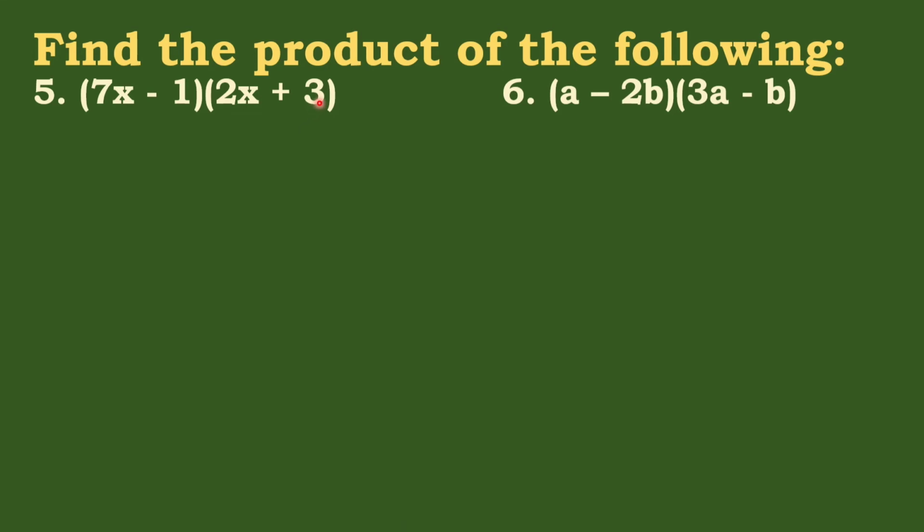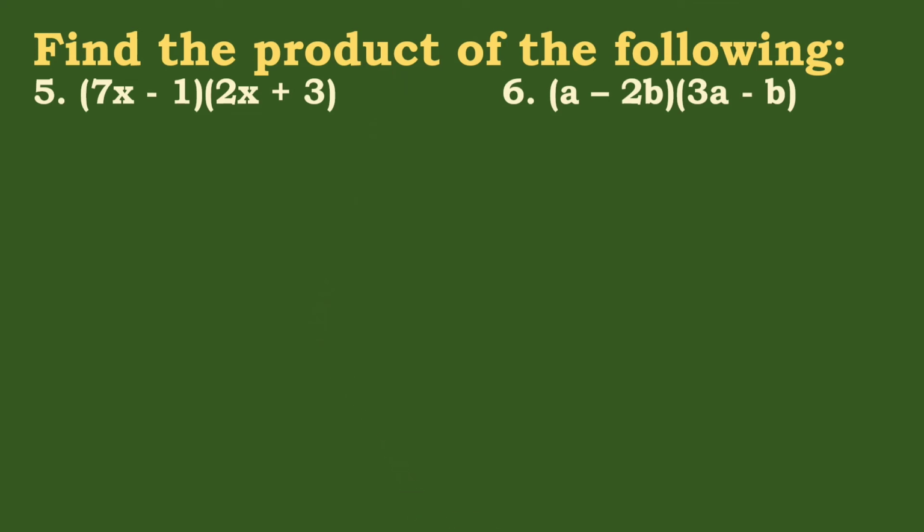Now, sometimes there are students that can get the sum right away of the outer and the inner. Just like in the previous examples in numbers 1 to 4, you can find there that the outer and the inner terms are being combined. So mentally, some students can get the sum of the outer and the inner terms because they are actually similar. So let's see if we can do that faster in this example.